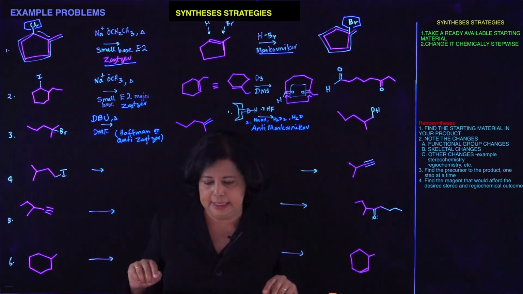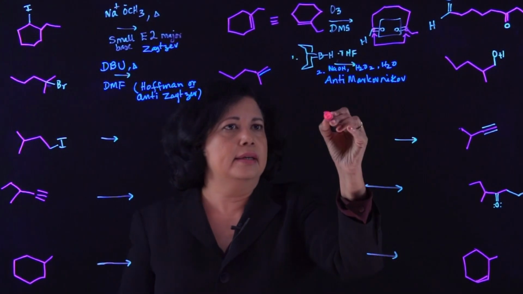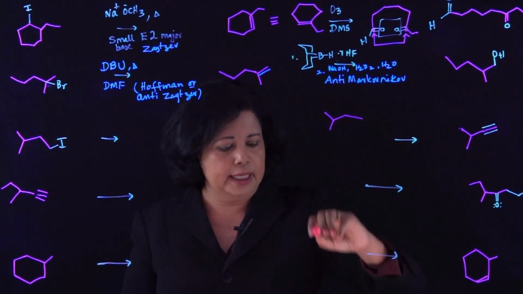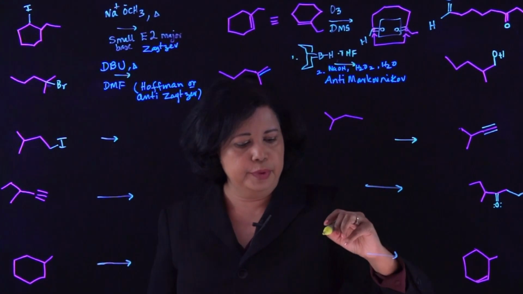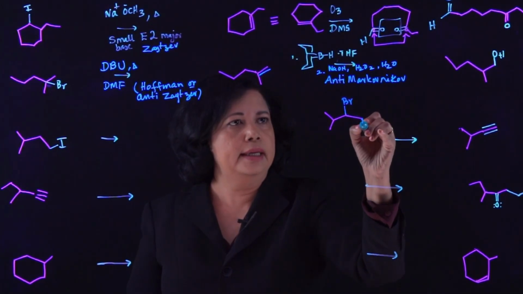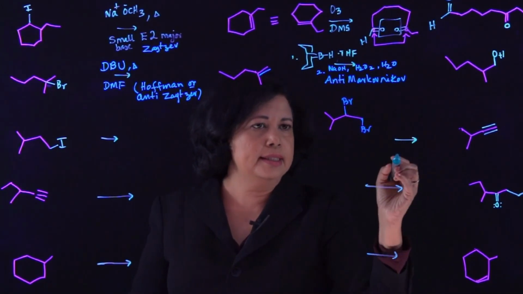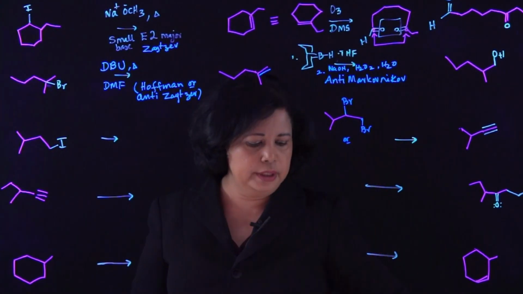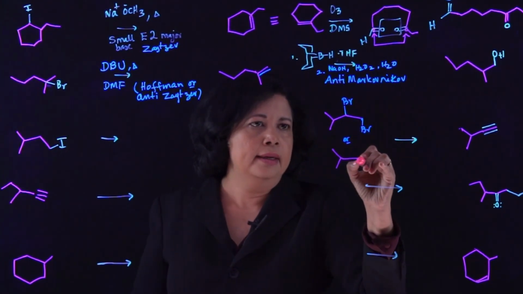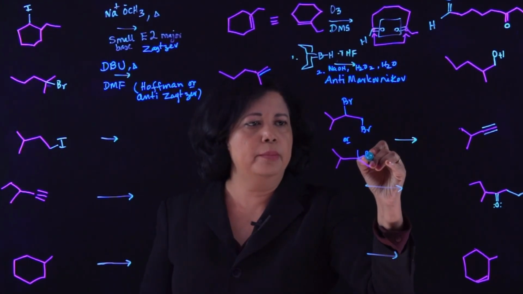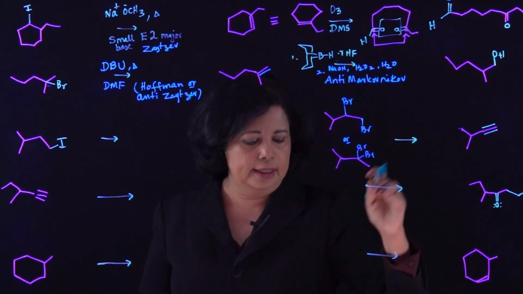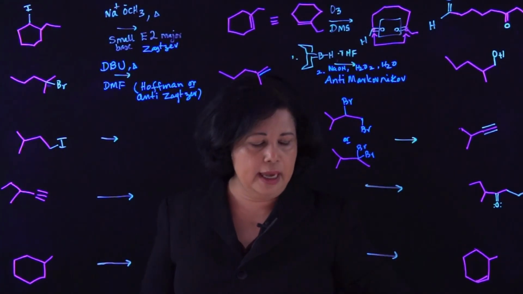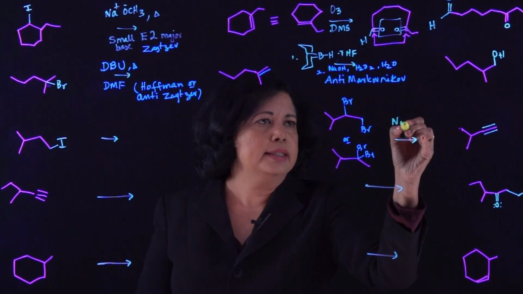What was the way to make an alkyne? There are two ways. We took either a vicinal dibromo and did an elimination like this, or we took a gem dibromo and did an elimination with sodium amide, NH2 excess.